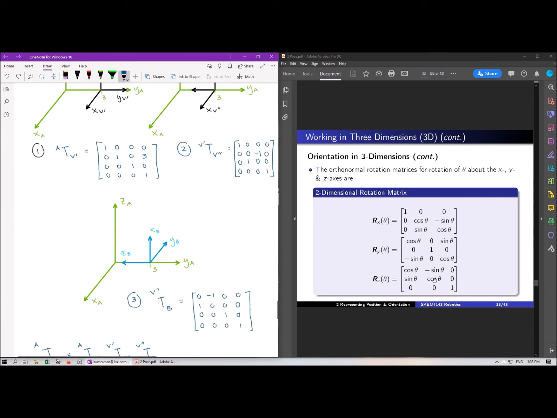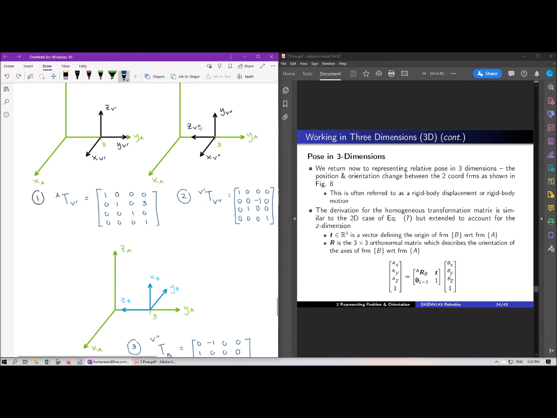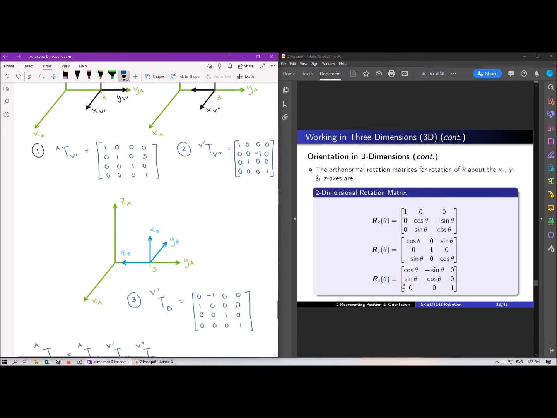We again construct the homogeneous transformation matrix. The last row is always 0, 0, 0, 1. This 3 by 3 is the rotation matrix, and you have to be careful. We have just rotated about the z-axis, therefore we refer to this. Cos 90 is 0, minus sin 90 is minus 1, sin 90 is 1, and the origin of this with respect to this is 0, 0, 0.